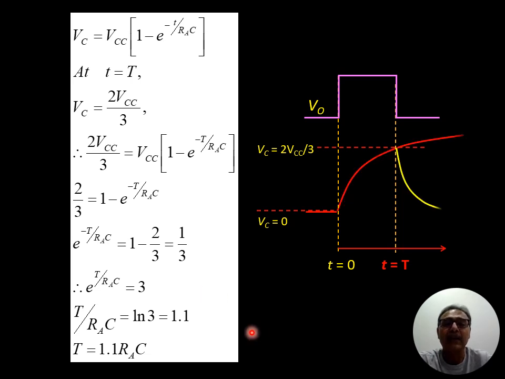When we take ln on both sides, we get T upon Ra into C equal to ln 3, which is 1.1. So we can modify this equation and get T equal to 1.1 Ra into C. So this is the time period for which the output of the monostable multivibrator remains high.